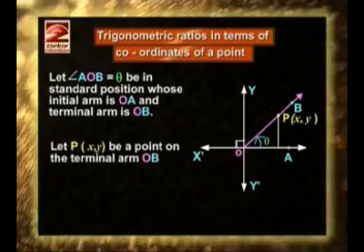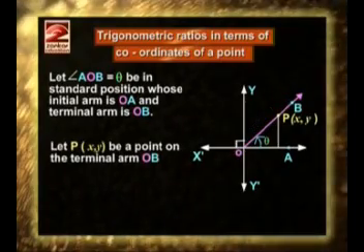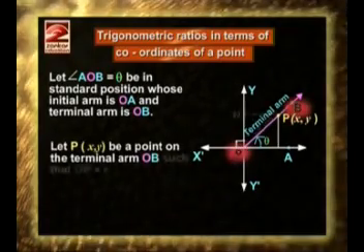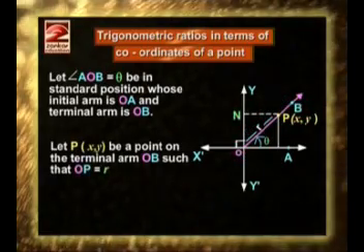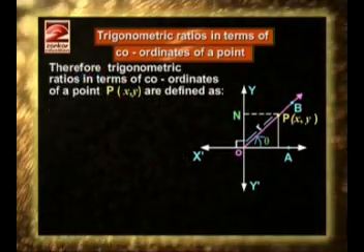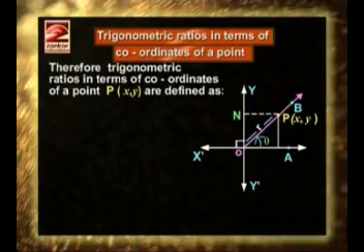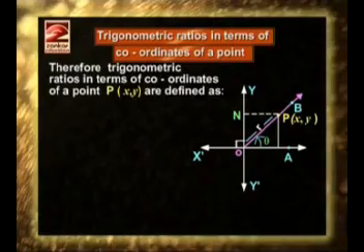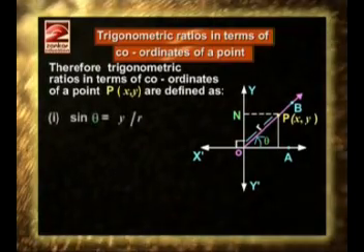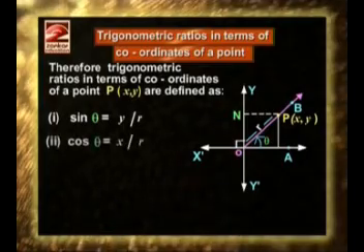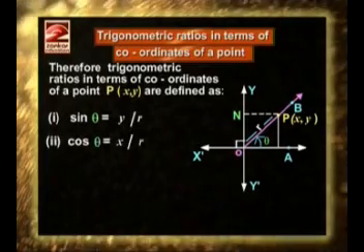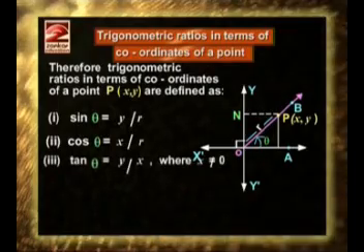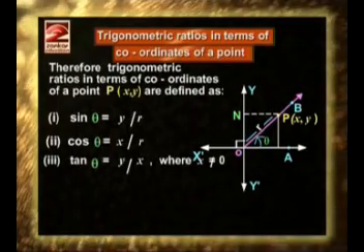Let P(x, y) be a point on the terminal arm OB such that OP is equal to r, and therefore the trigonometric ratios in terms of coordinates of point P(x, y) are defined as sin theta is equal to y upon r, cos theta is equal to x upon r, tan theta is equal to y upon x where x is not equal to 0.